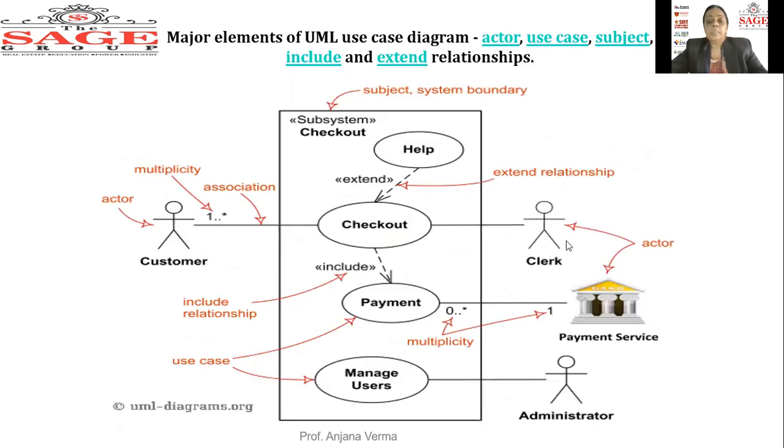Now, see another use case diagram, just like that: customer, clerk, who is managing the thing, administrator, who is also the admin department. Clerk means doing the typing or data entry work. Bank is also a payment service, or there are so many types like PhonePe, Paytm, services provided for payment.